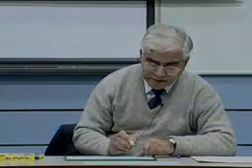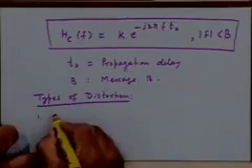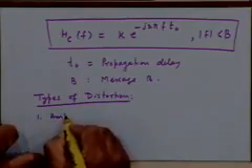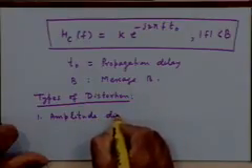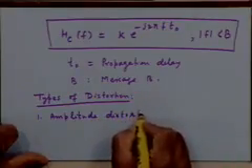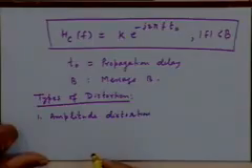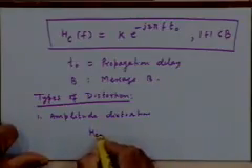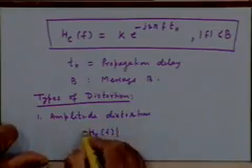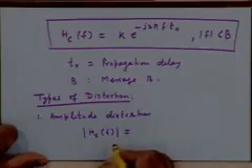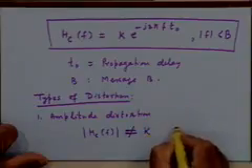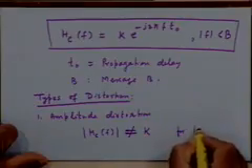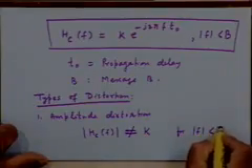Okay, so there are two kinds of linear distortion. One is called amplitude distortion, and this arises when the condition that the magnitude characteristic should be constant is not satisfied over the bandwidth of interest.